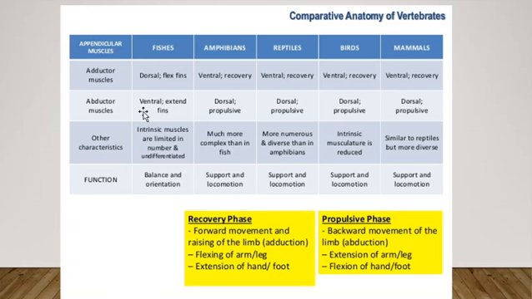Now, previously we discussed what the recovery phase is. This is the forward movement of raising the limb, adduction, flexing of the arm and leg, and extension of the hand and foot, while the propulsive phase is the backward movement of the limb, or the extension and flexion of the hand and foot.